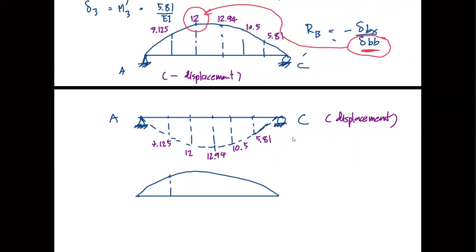7.125 divided by 12. That's 0.59. Okay, so this is 0.59. 12 divided by 12, and so this is 1, right?